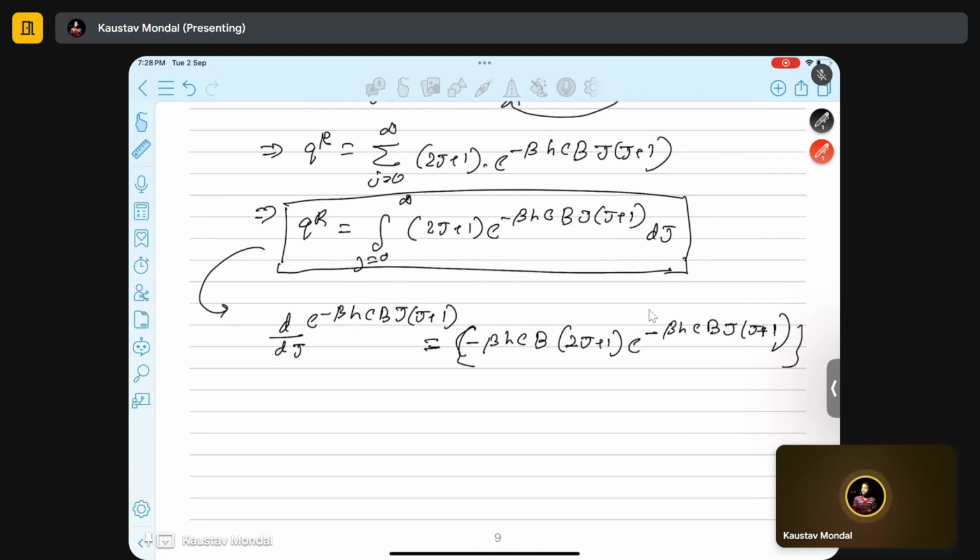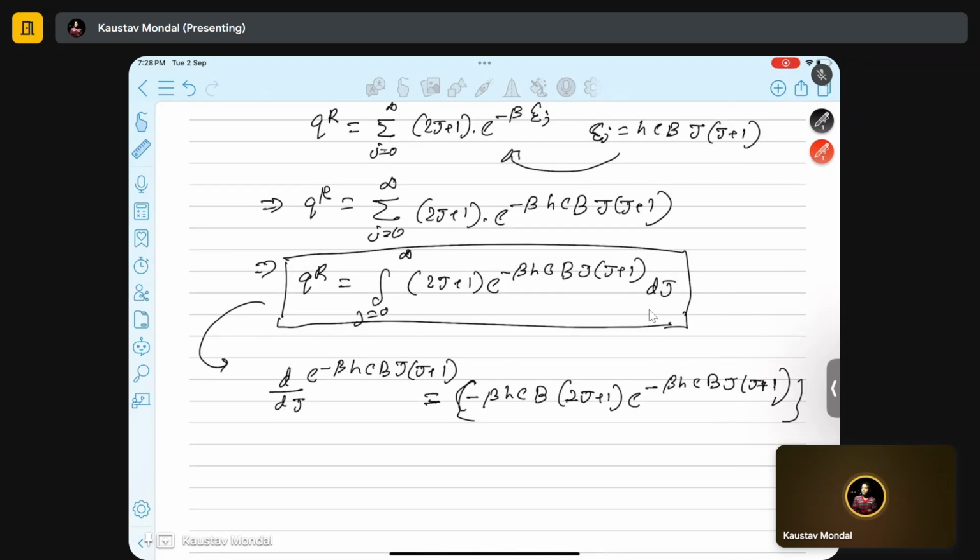So this is basically the derivative of e to the power minus beta hcB J into J plus 1. This expression we will be using in the expression of QR.